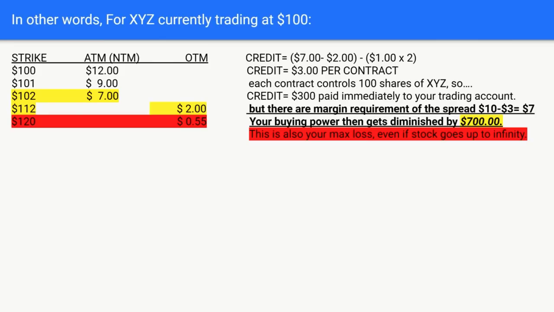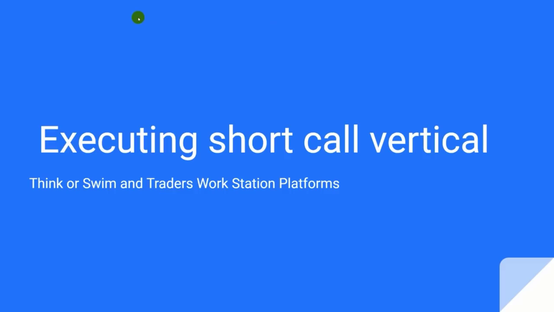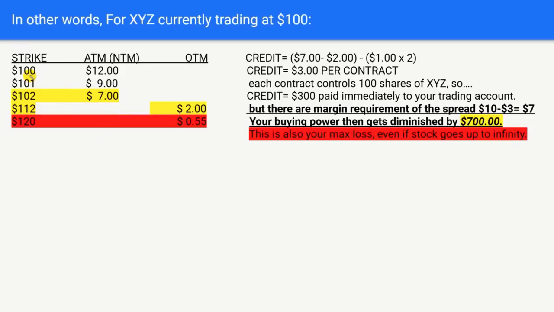So let me put it to you in a more simplified fashion. It's that same XYZ. It is the hottest stock in the world. Currently, it's trading at $100, so that's right at the money. Premium is 12, 101s are 9.